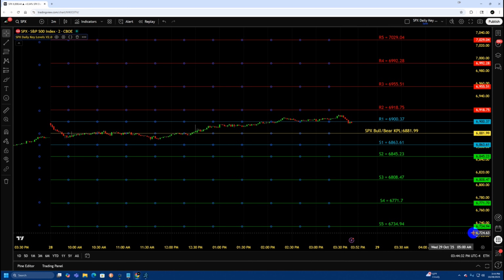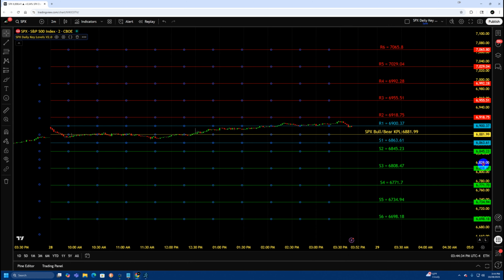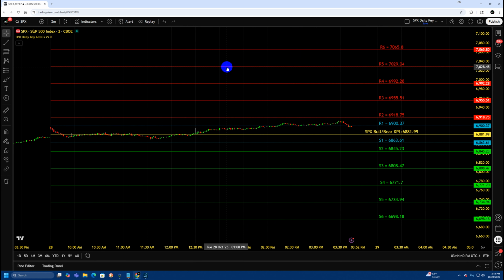As you can see now, all we have on our screen is the bull bear key price level, R1 through R6 and S1 through S6. We have no tables, no midpoint lines, and no quarter level lines.